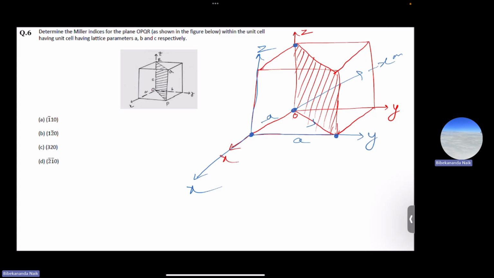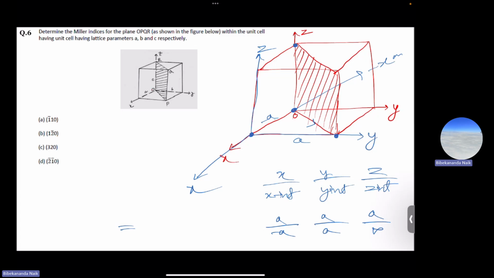So if we do the same thing as in the previous question, it will be x by x intercept, y by y intercept, z by z intercept. So x is a by the x intercept minus a, y is a by the y intercept a, z is a, and the z intercept is infinity.